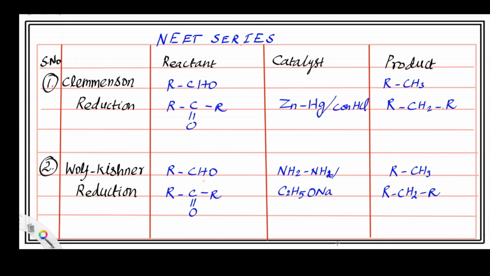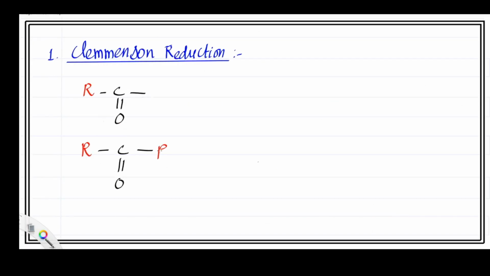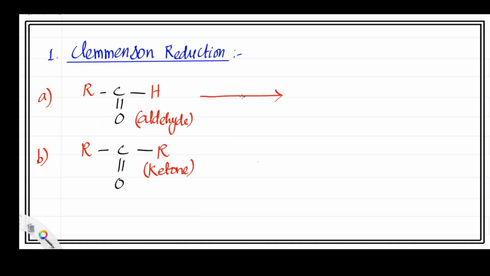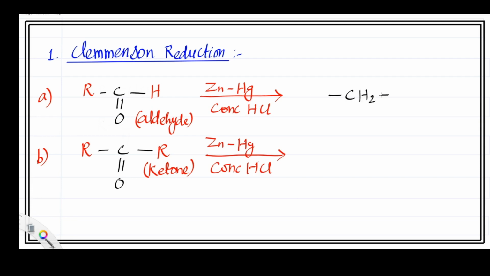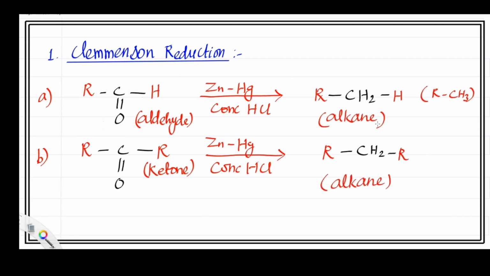First one, Clemmensen reduction. When aldehydes and ketones undergo reduction in presence of zinc and mercury and concentrated HCl, we get alkanes. This reaction is known as Clemmensen reduction.